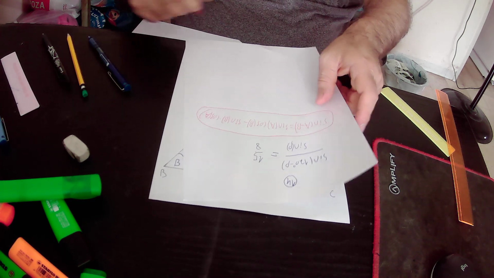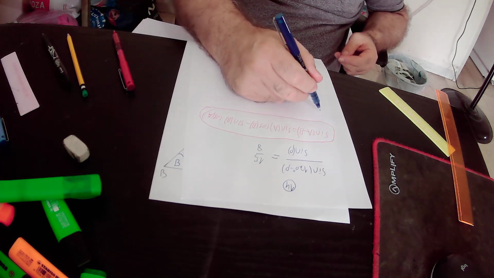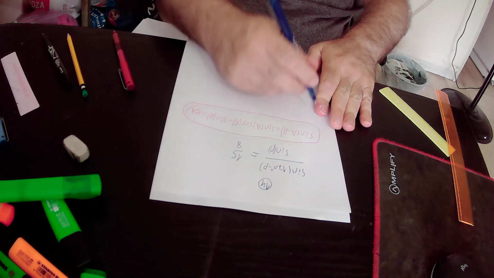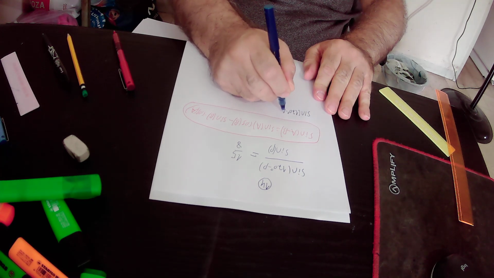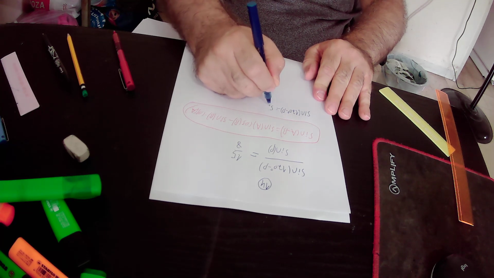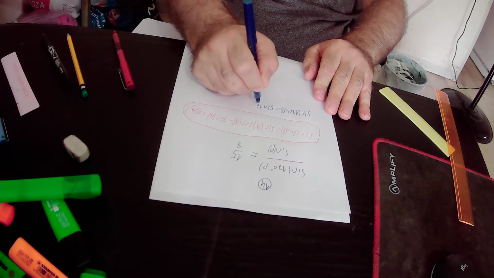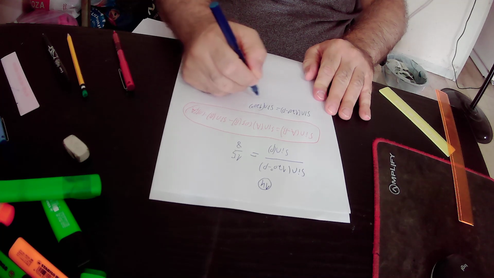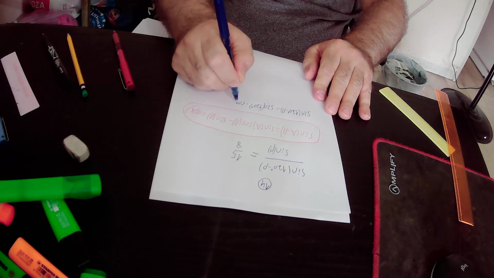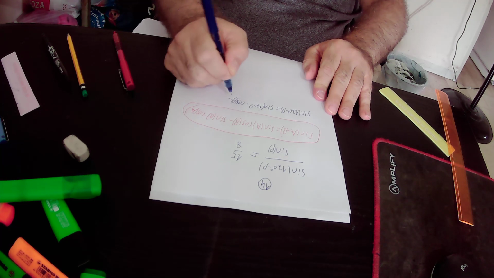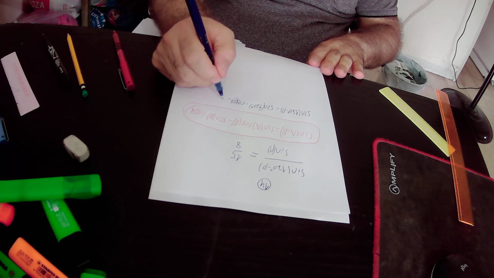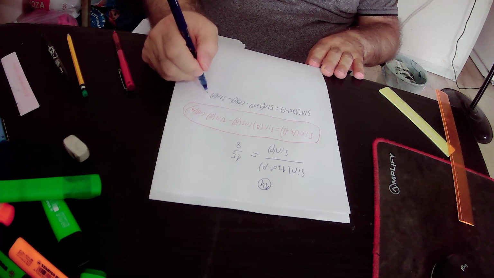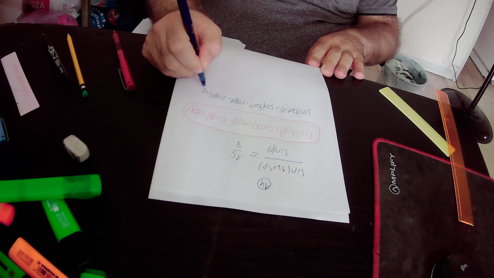So sine 120 degrees minus p will be equal to sine 120 degrees times cosine p minus sine p times cosine 120 degrees.